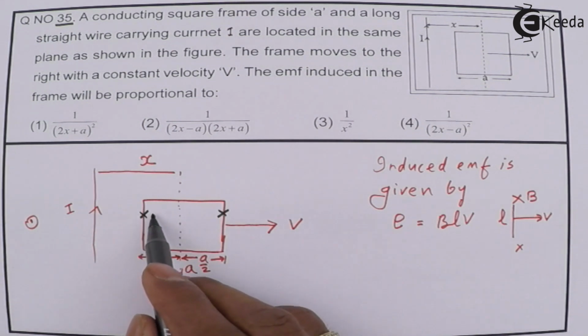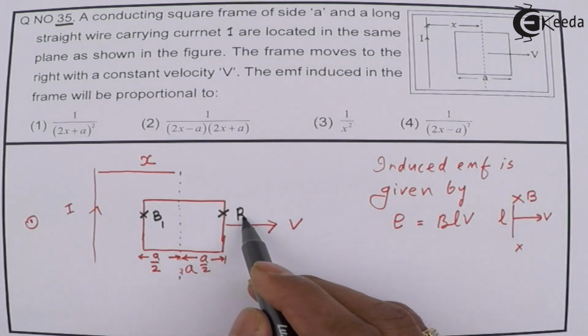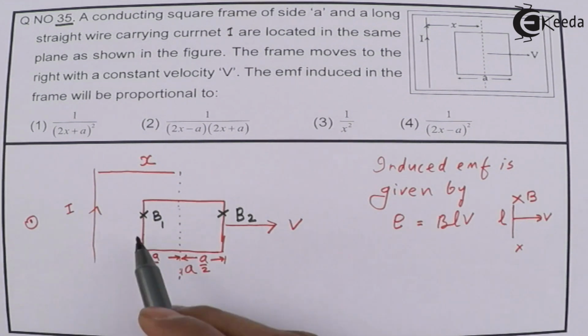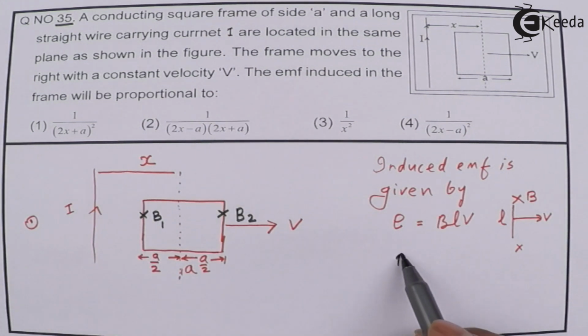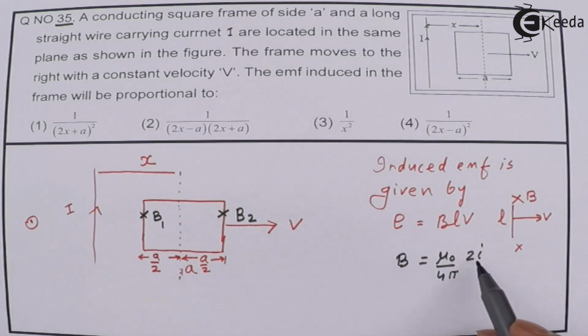But the magnetic field here is different. Suppose it is B1, and on this side it is B2, because that varies with the distance. We know that the magnetic field B due to a current carrying wire at a distance is given by mu0 upon 4 pi, 2I, whatever current it carries, divided by the distance.